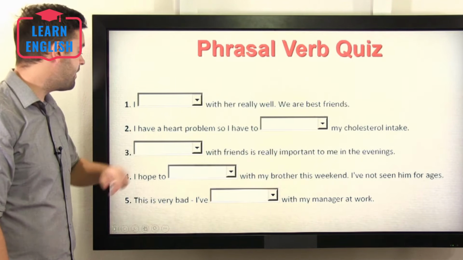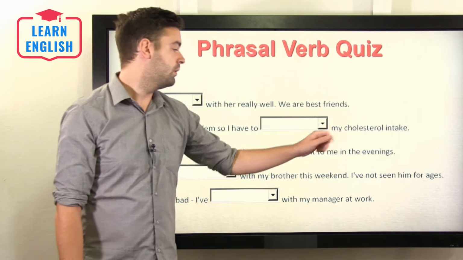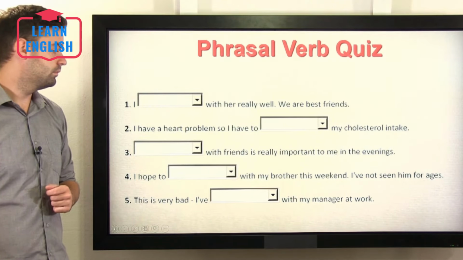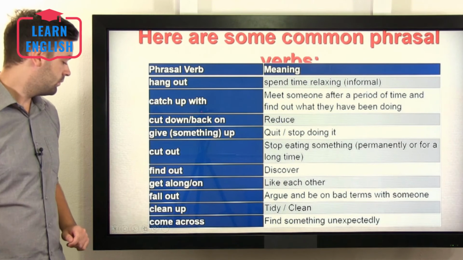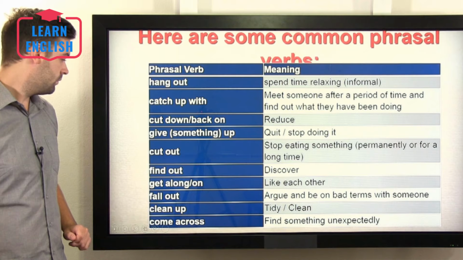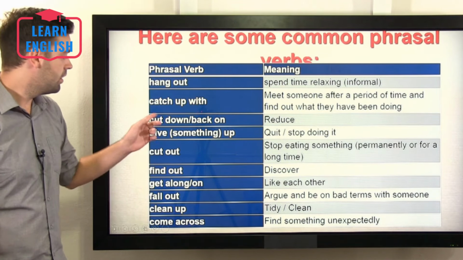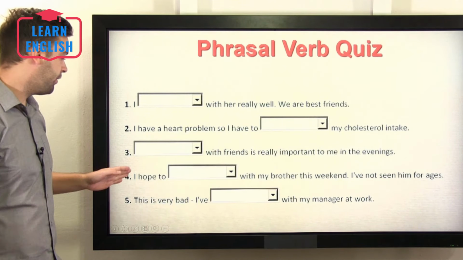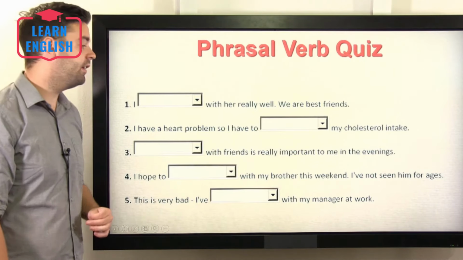Number 2: I have a heart problem, so I have to blank my cholesterol intake. So maybe cut down. Number 3: blank something with friends is really important to me in the evenings.